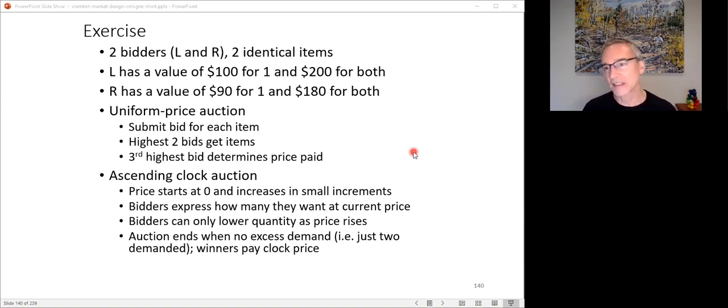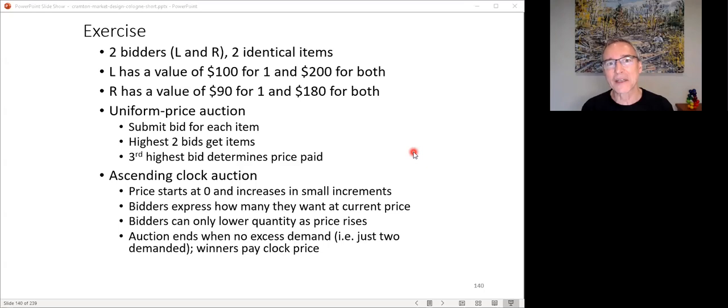And I certainly found this in spectrum auctions, where one of the first things I do is explain demand reduction to the participants, because it's effectively a uniform pricing that's used in the simultaneous ascending clock auctions. And so they need to understand their price impact and recognize that by reducing demand, they can actually, in some cases, win more quantity.